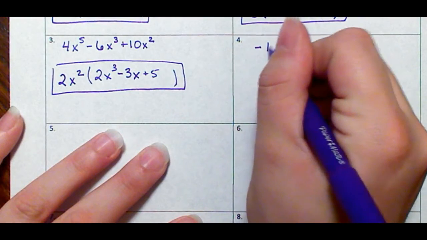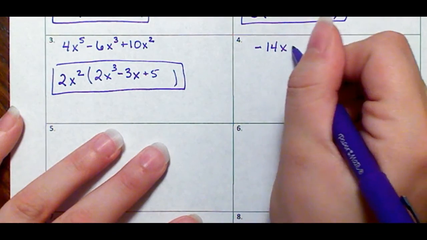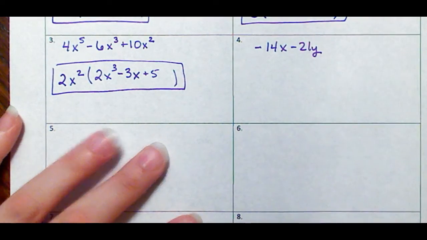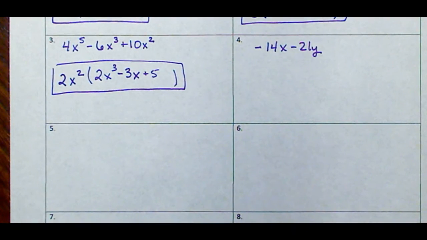All right, number 4. Negative 14x minus 21y. Now, there are 2 terms. So right off the bat, you could probably say, okay, 14 and 21, they have a 7 in common. Both of those numbers are divisible by 7, and you'd be right. Now, there is one little thing that's different about this problem than the other 3 we've looked at.